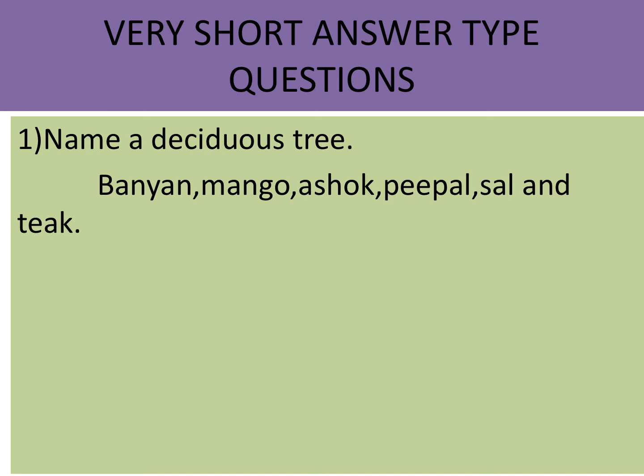Peepal. PEEPAL. Sal. SAL. And teak. TEAK. Okay. Name a deciduous tree: banyan, mango, ashok, peepal, sal and teak.